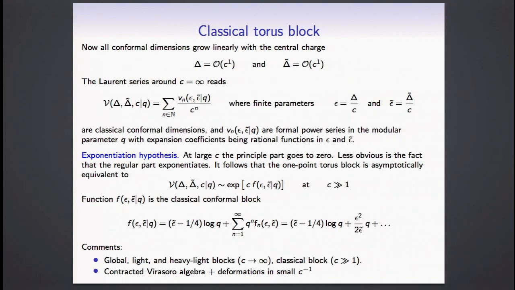Unfortunately, there is no interpretation in terms of a contracted Virasoro algebra, but I believe that there should be a kind of deformation theory with respect to small inverse charge, starting from some contracted Virasoro algebra, which takes account of all these corrections in the central charge.